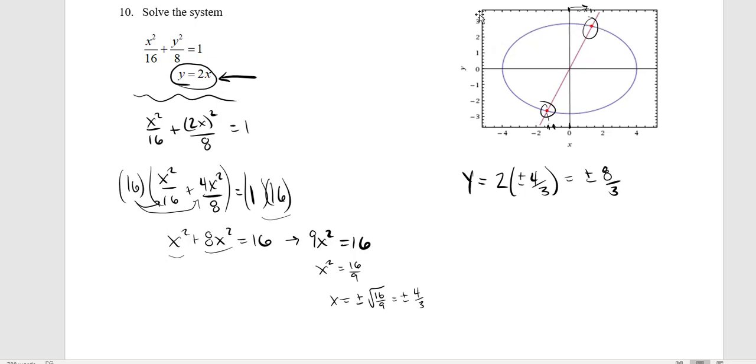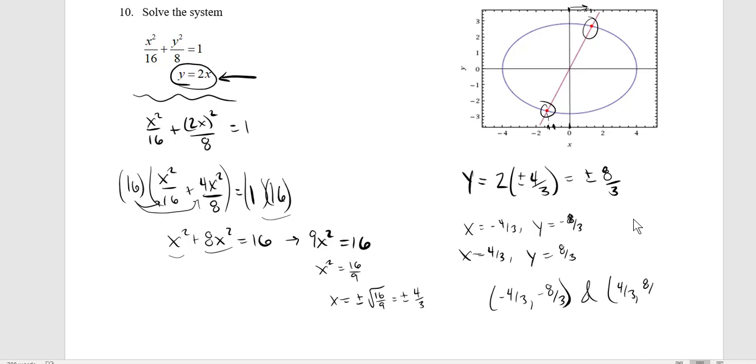So we know that when x is negative 4/3, y is negative 8/3, and when x is positive 4/3, y is positive 8/3. So we have our solutions. There we have it.